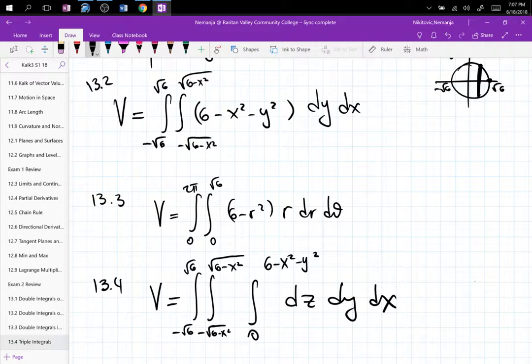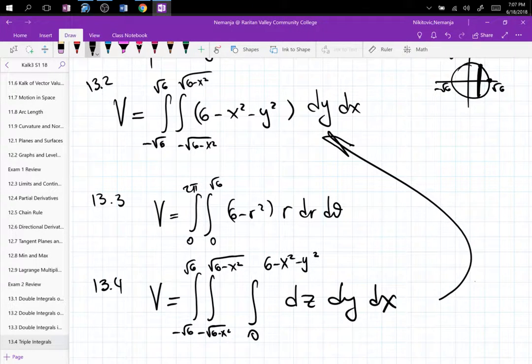Now what I need you to see is that the first step of solving this triple integral is going to drop you here. Those of you who have a very good understanding of polar coordinates will immediately recognize that this integral, 13.2, is much easier to solve in this form.